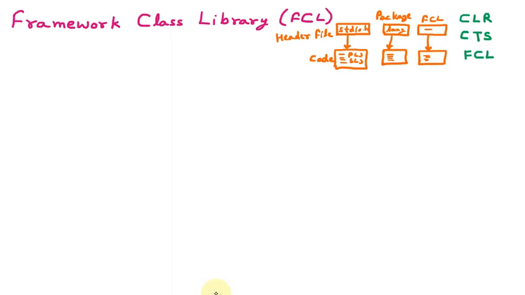Now in C we call them header files, in Java we call them packages, and in .NET we call them the library. So the Framework Class Library is a library which has multiple classes, and they provide the power to our code. So we can say that FCL is a library which contains reusable, manageable classes and interfaces.